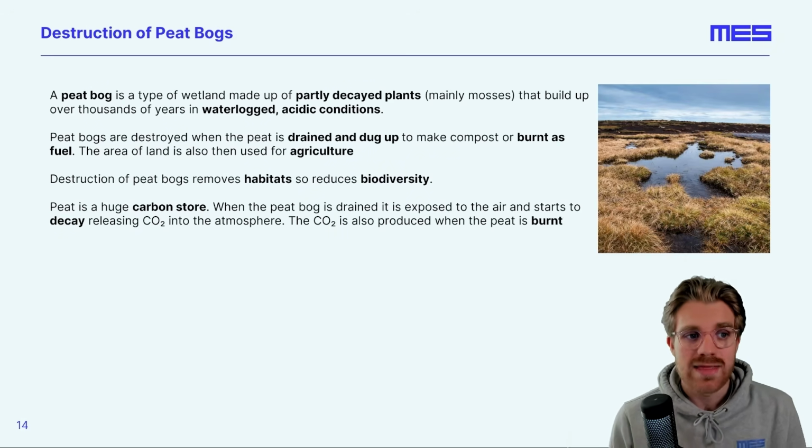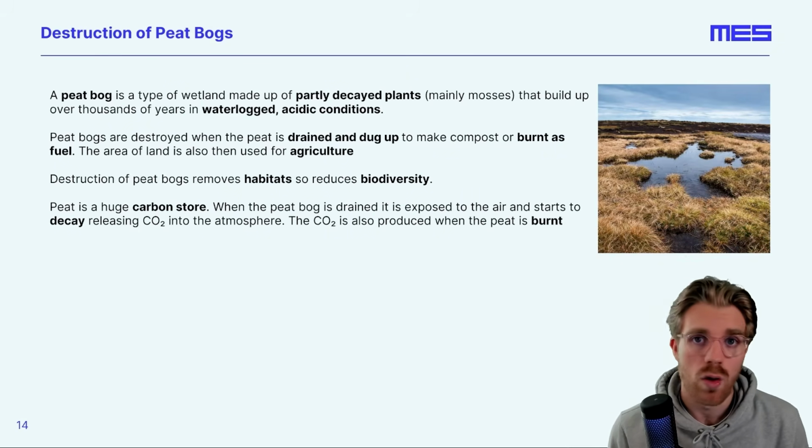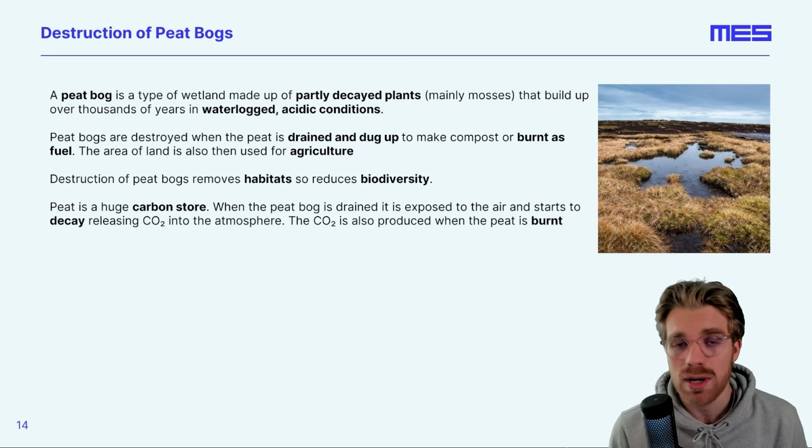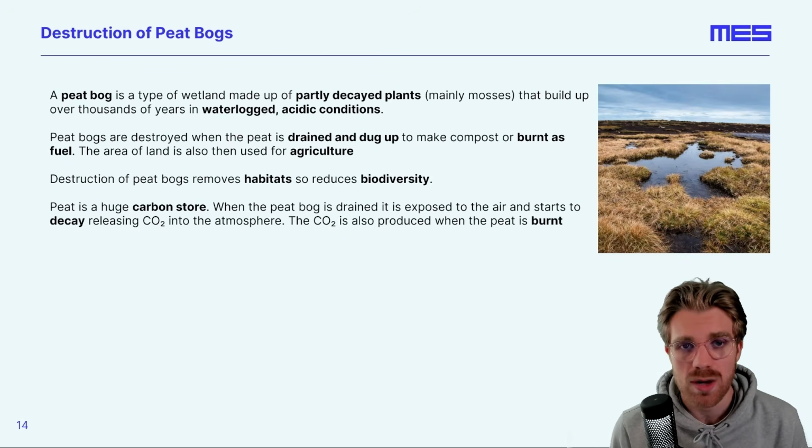When it is drained, the area of land is then also used for agriculture. The destruction of the peat bogs removes the habitats, so it reduces the biodiversity. It then reduces the number of available habitats for different birds or animal species and other plant species as well. The peat is also a huge carbon store.